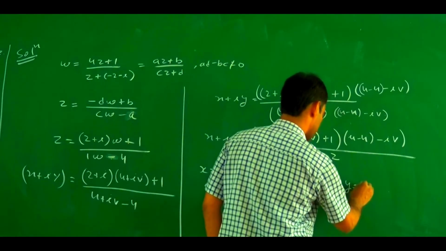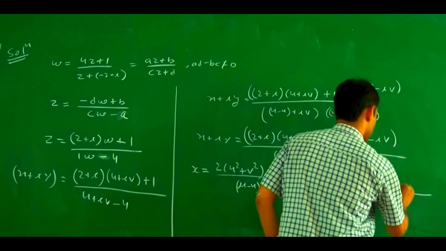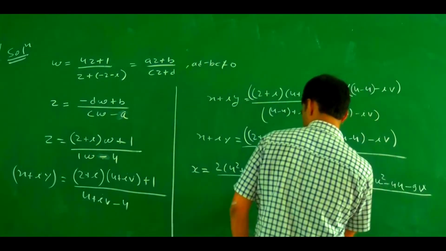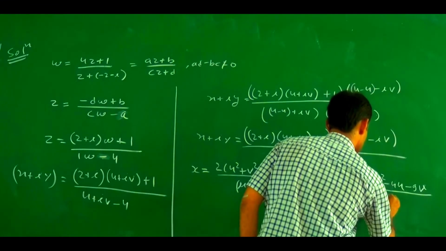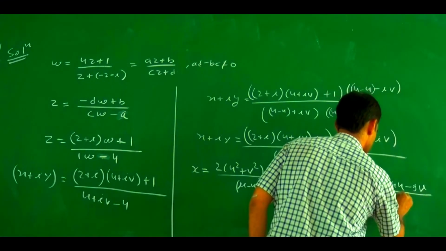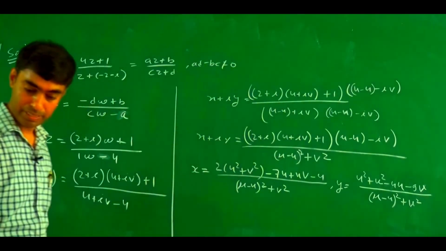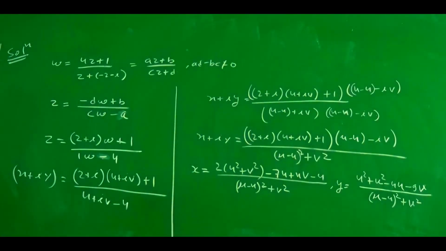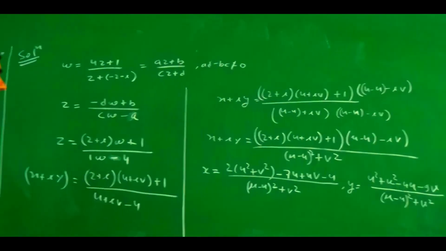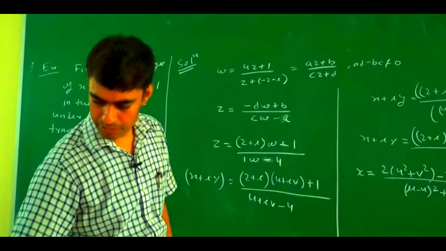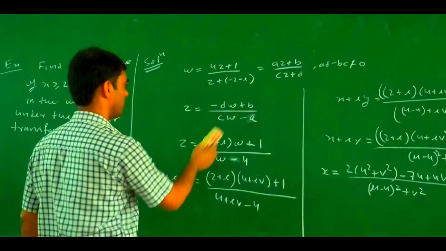Also we noted down the value for y: minus 4u minus 9v, in the denominator obviously (u minus 4) whole square plus v square. Now equating the real and imaginary parts, the question says x is greater or equal to 2, so we equate this one.